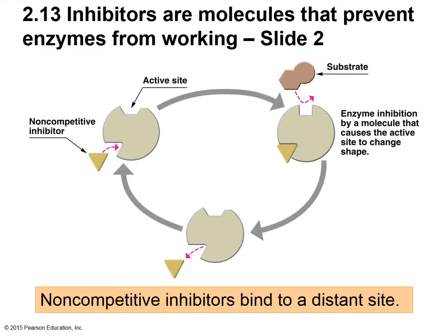We can also see non-competitive inhibitors. Non-competitive inhibitors do not bind to the active site. However, these inhibitors bind to another region on the enzyme. This is something called the allosteric site, but it's just another site on that enzyme. Okay. Now, what happens is that when that non-competitive inhibitor binds to this other site, it changes the shape of the active site.